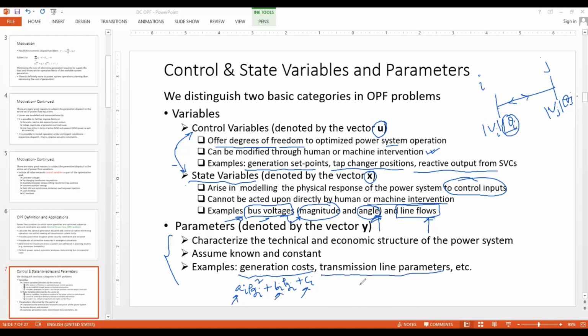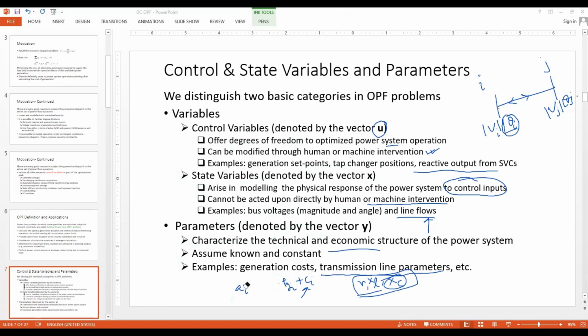The transmission line parameters are R and L or XL, and then XC, the shunt susceptance. These values should be provided to us. So these are the technical and economic parameters that are more or less constants. We call them the parameters, and that is denoted by the vector y.